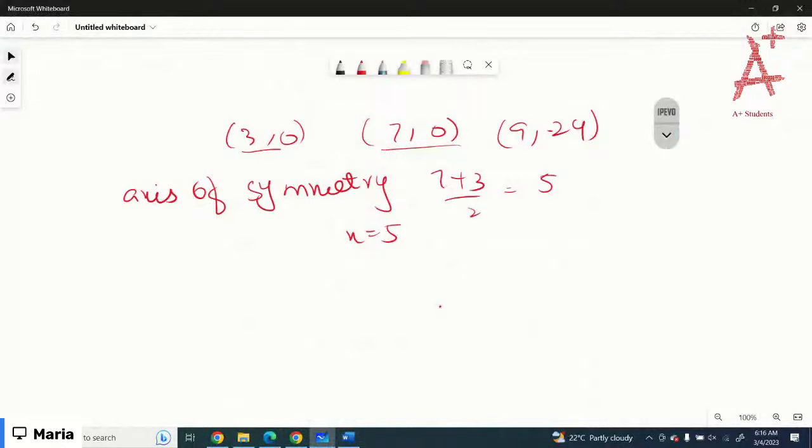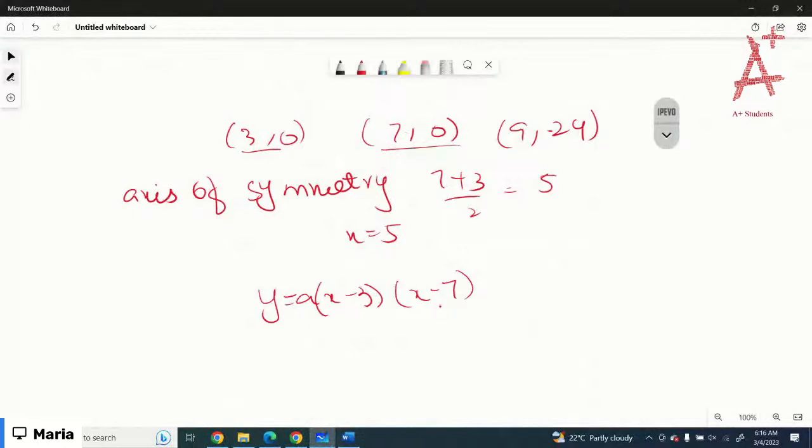Okay, so the equation we can write is y equals a times (x minus 3)(x minus 7). Sorry, they are the x-intercepts.